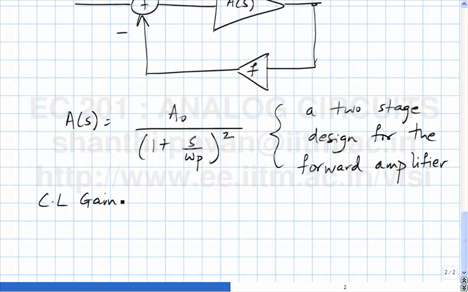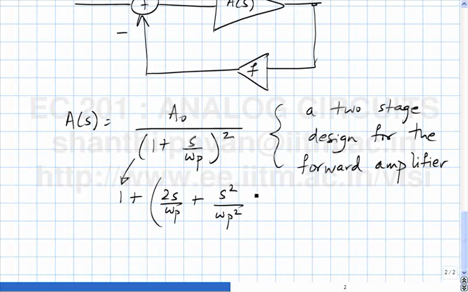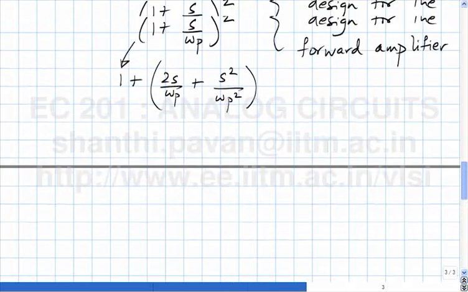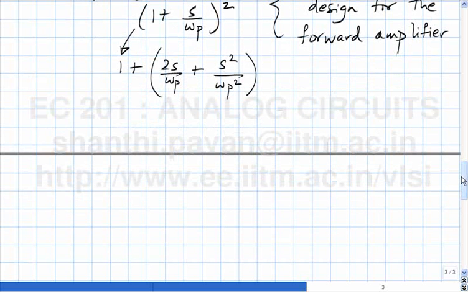One thing, of course, is you can go and do the maths. A lazy man's way out is to notice the following, that this is 2s by omega p plus s square by omega p square. So instead of going through the whole circus again, all I could do is replace s by omega p in the earlier expression with this 2s by omega p plus s square by omega p square.